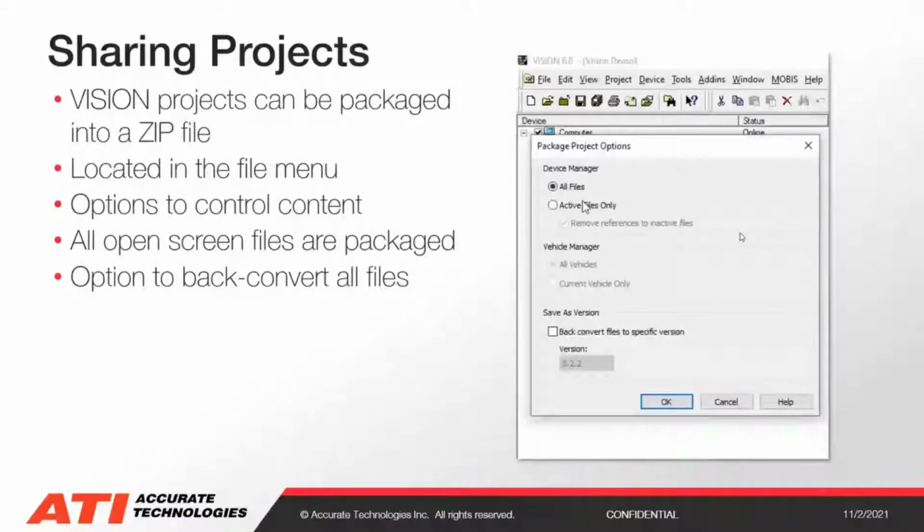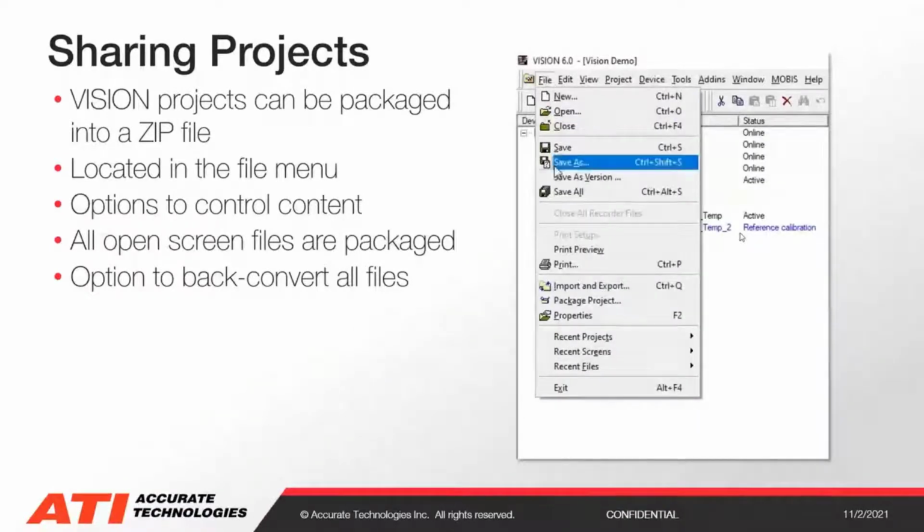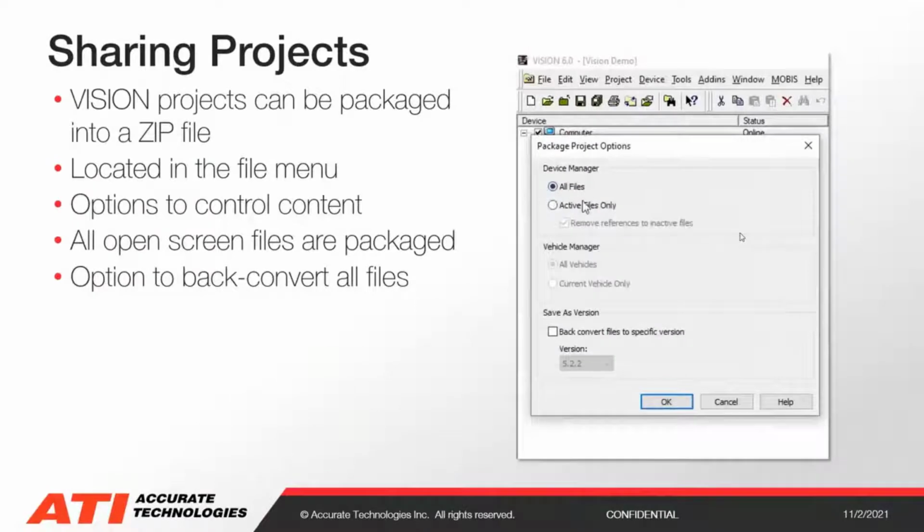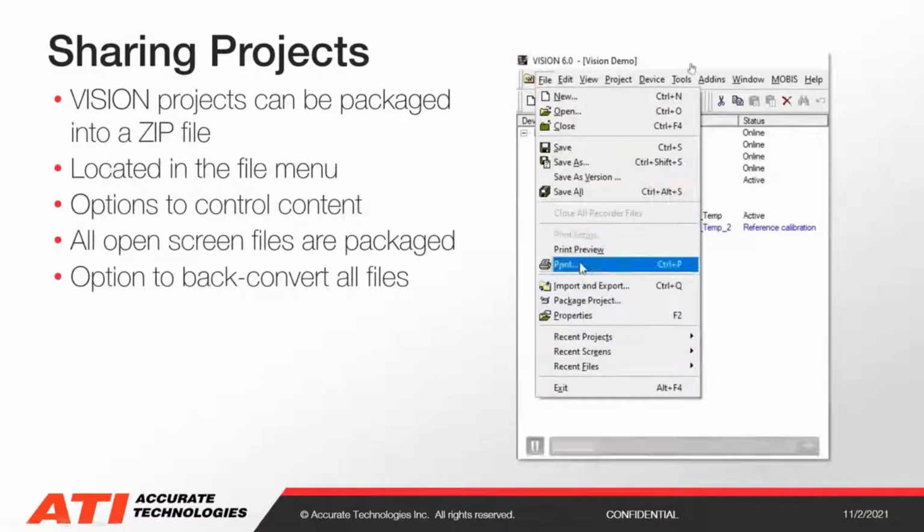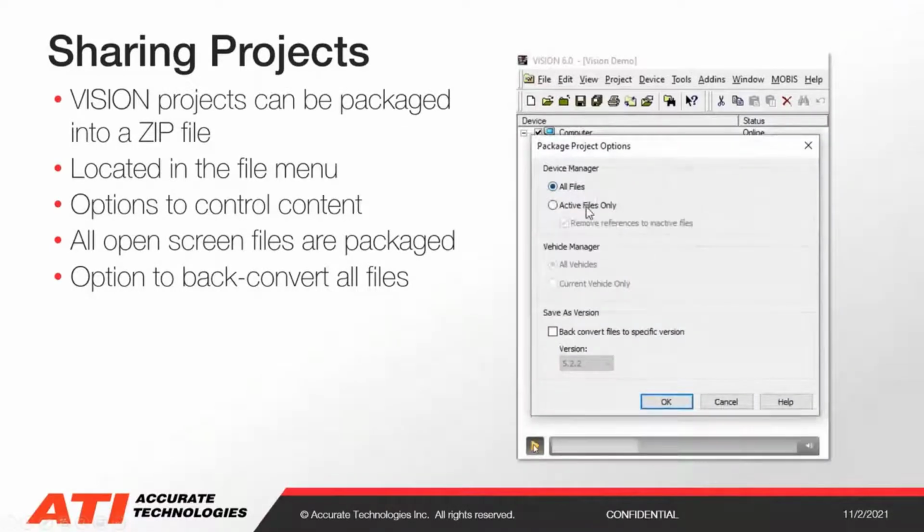Sharing projects. I'm sure some of you have shared projects with others before. So the best way to do that, rather than gathering up all your files manually, is to open up your project and go to Package Project. So you have to be viewing your device tree, then you go to File, Package Project, and it will bring up this dialog. Pause this here in a second. So you have the option to package all your files or only the active files.